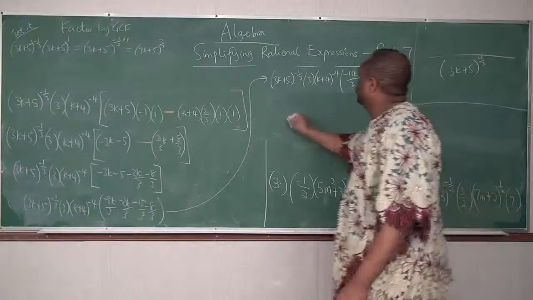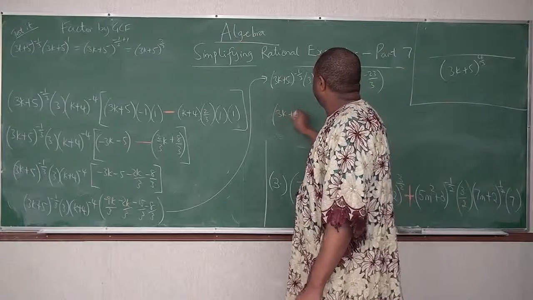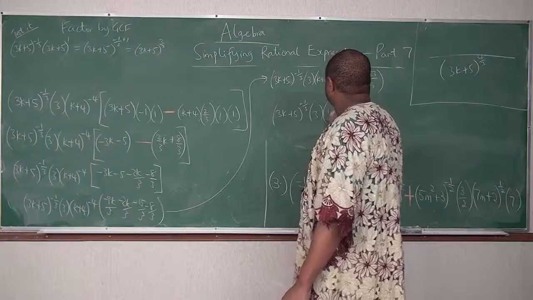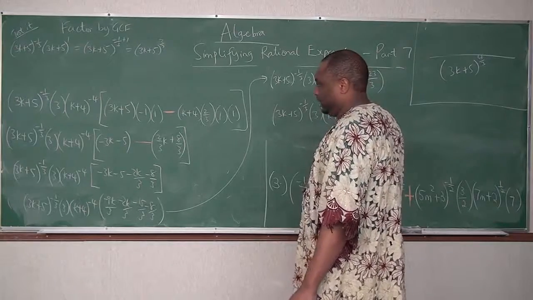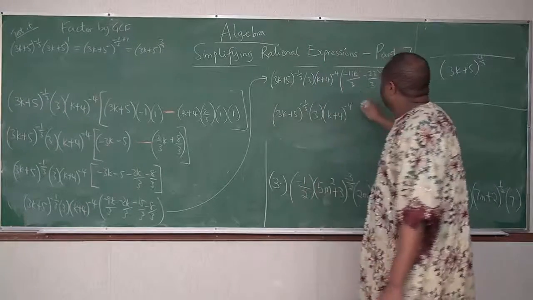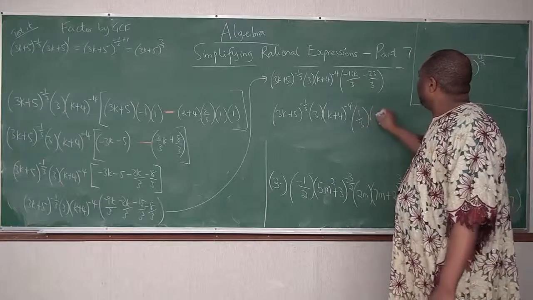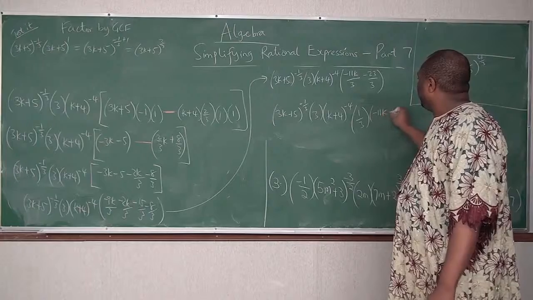So this will give us 3k plus 5 exponent negative 1 over 3 times 3 times k plus 4 exponent negative 4. 1 over 3 is common here. You factor out 1 over 3. And what is remaining? Negative 11k, negative 23.